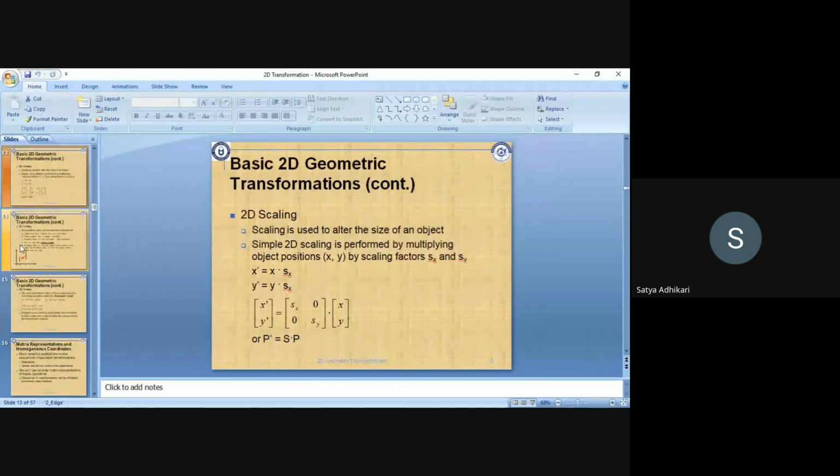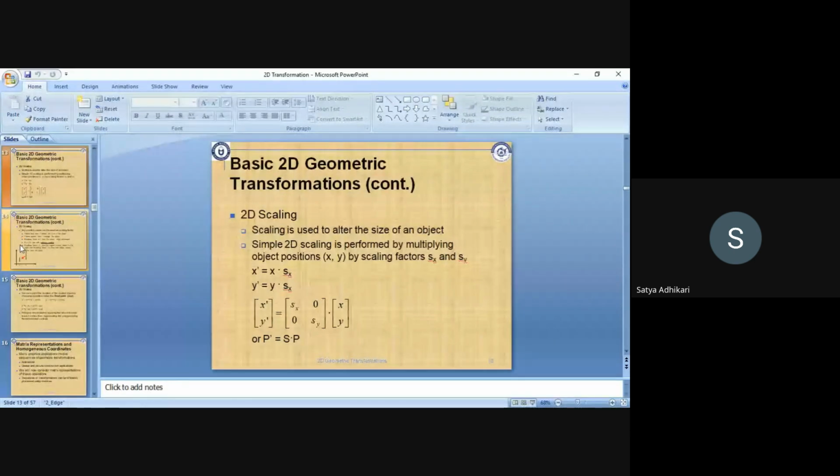In rotation, we rotate an image with respect to a pivot point, in a specified direction, by a specified angle, either clockwise or anticlockwise. With some degree, 30 degrees, 45 degrees, 60 degrees, theta can be any value.